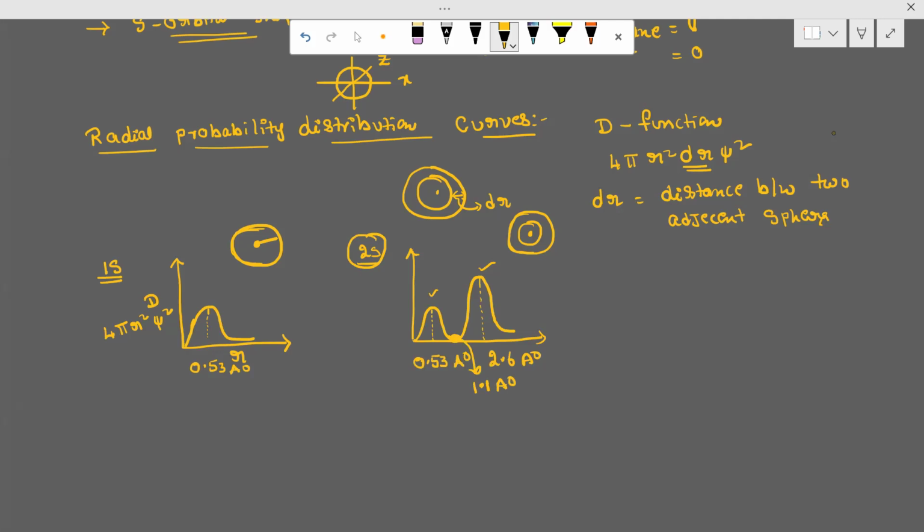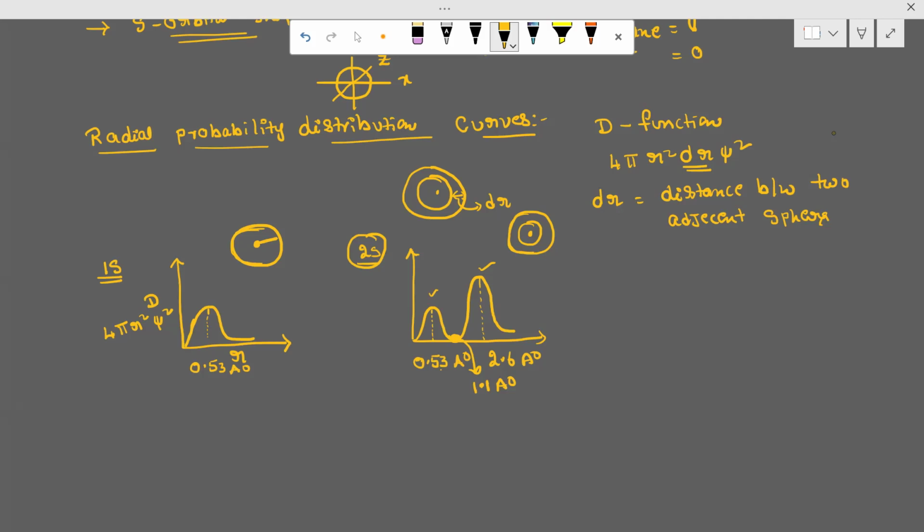So here the question is, two maximas are there. One maxima is present at 0.53 distance and the other maxima is at 2.6 distance. How much difference is there between the first maxima and second maxima?